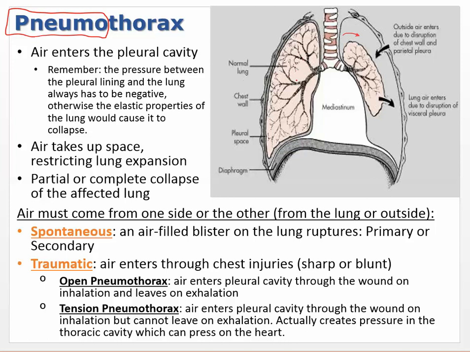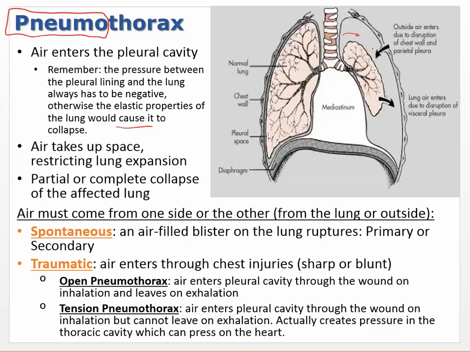So we depend on that elasticity, but that's constantly pulling on that pleural lining, and so there's constantly a negative pressure there. Otherwise, if there wasn't a negative pressure, that lung would collapse on its own, more or less. We'll talk about tension pneumothorax. But that's the way it's supposed to be. Otherwise, the elastic properties of the lung would cause it to collapse.